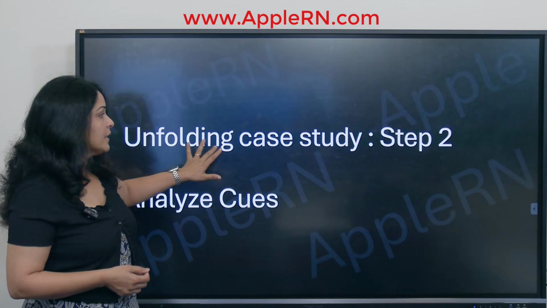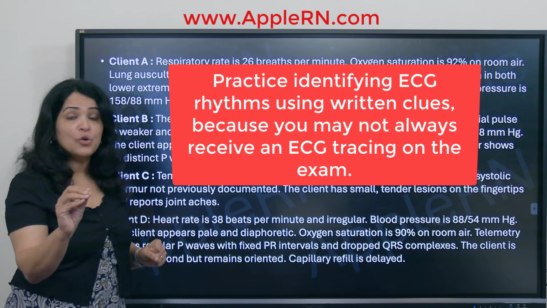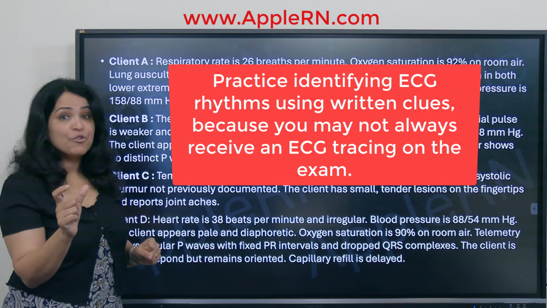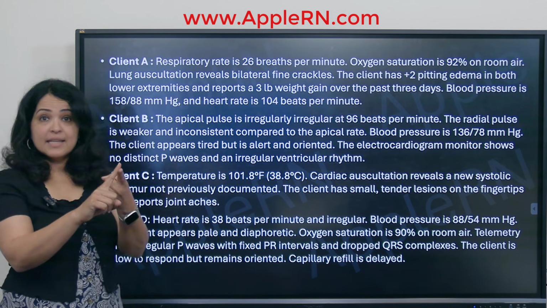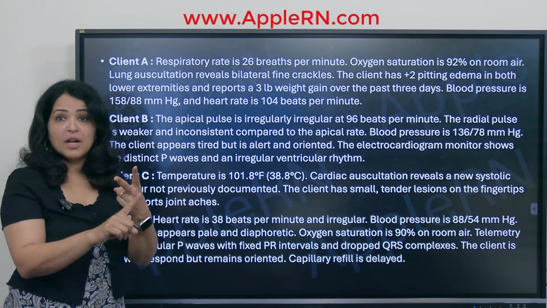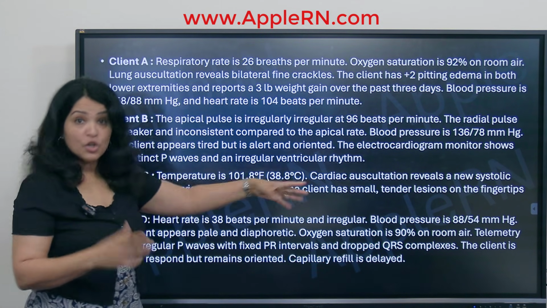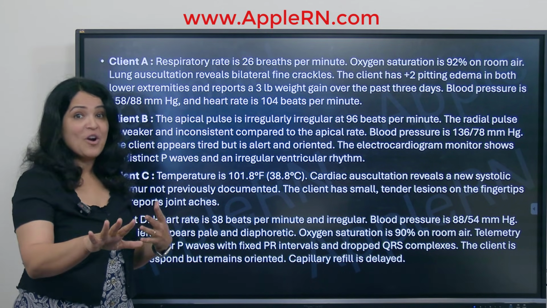In this question, they are not giving you the ECG tracing. We have to figure out from this: it is 96 beats, it's irregular, there is no distinct P wave, and it's an irregular ventricular rhythm. So we have to figure out what's going on.